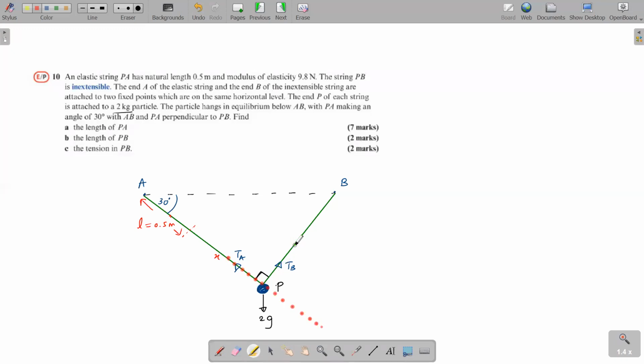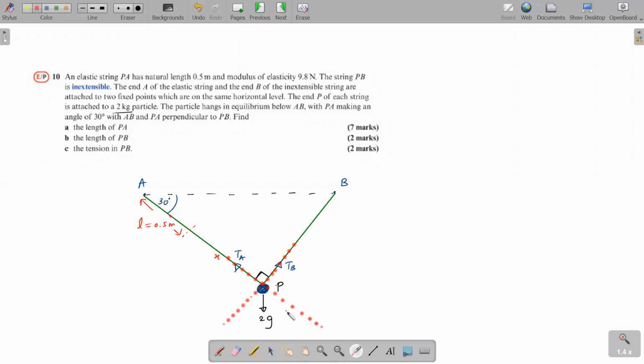Okay, look at this. I'm going to resolve in these two directions. Now, are these two directions perpendicular to each other? Yes, you can clearly see there's a 90 degree angle between them, right? So as long as you resolve in two perpendicular directions, you should be good.